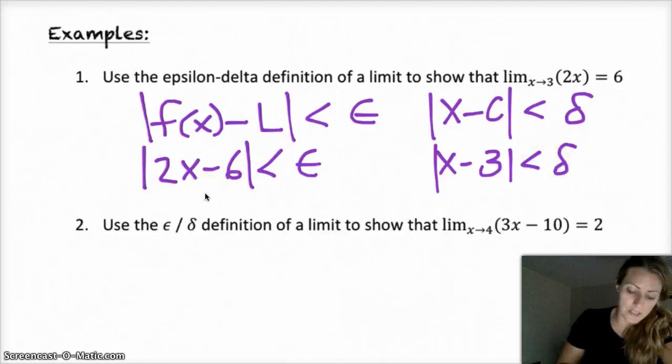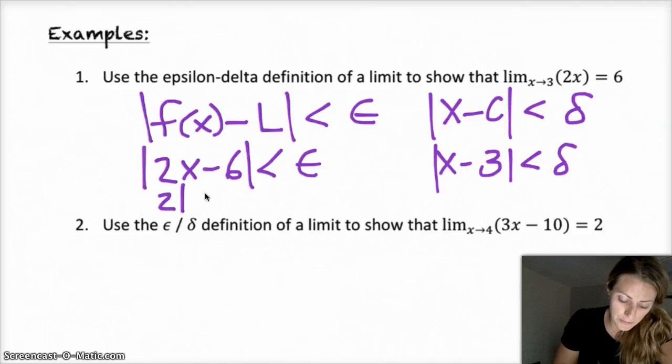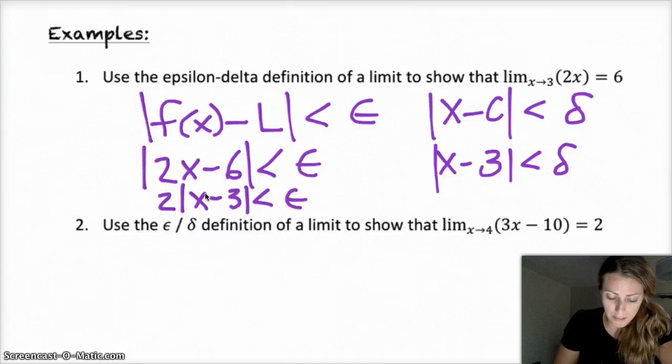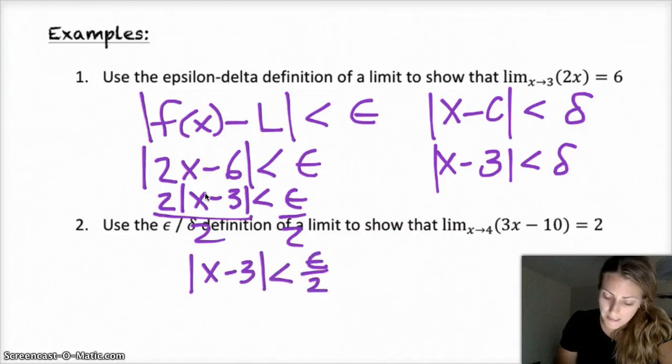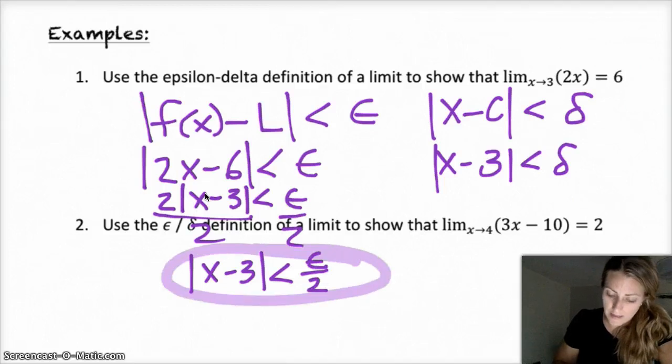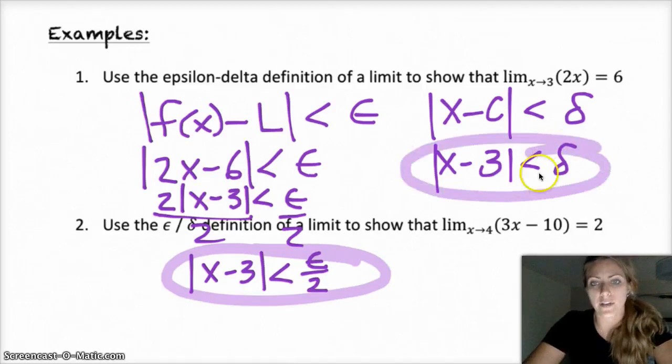So you can manipulate this 2x minus 6. If I pull out a 2, I have x minus 3 left, less than epsilon. Then I divide both sides by 2, and I get the absolute value of x minus 3 is less than epsilon over 2. If you notice, I have the same setup as over here with delta.